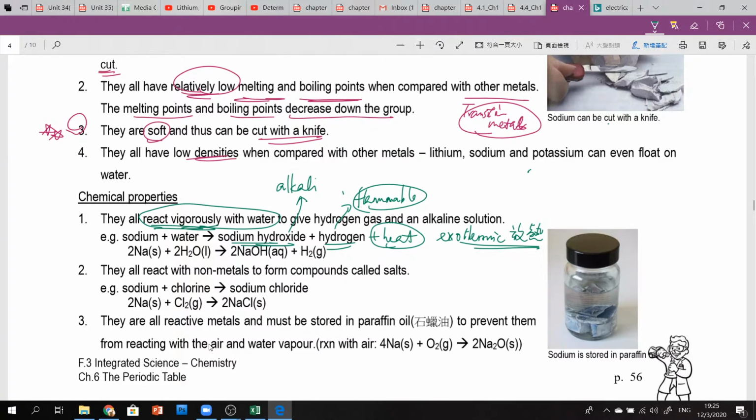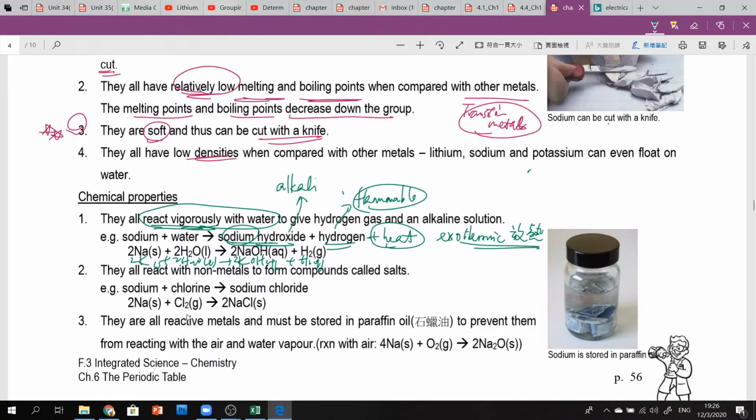So if I put potassium in, what will happen? Potassium will react with water to form potassium hydroxide and hydrogen. This is how we usually express it in terms of chemical equations.